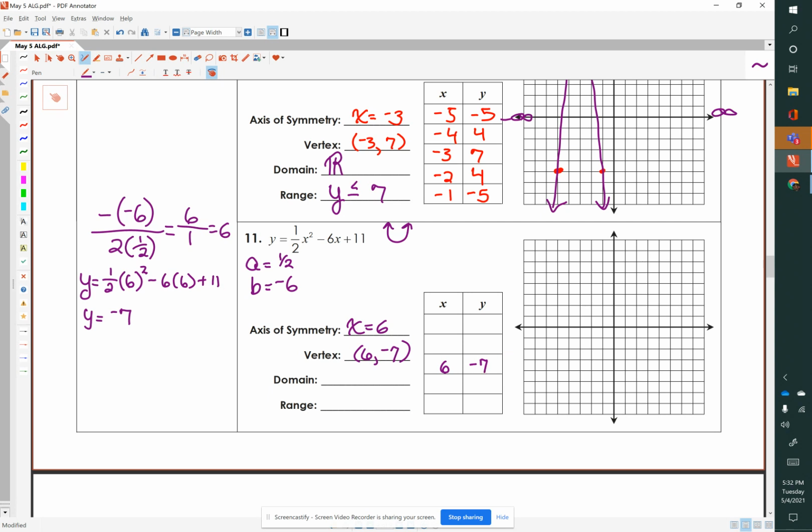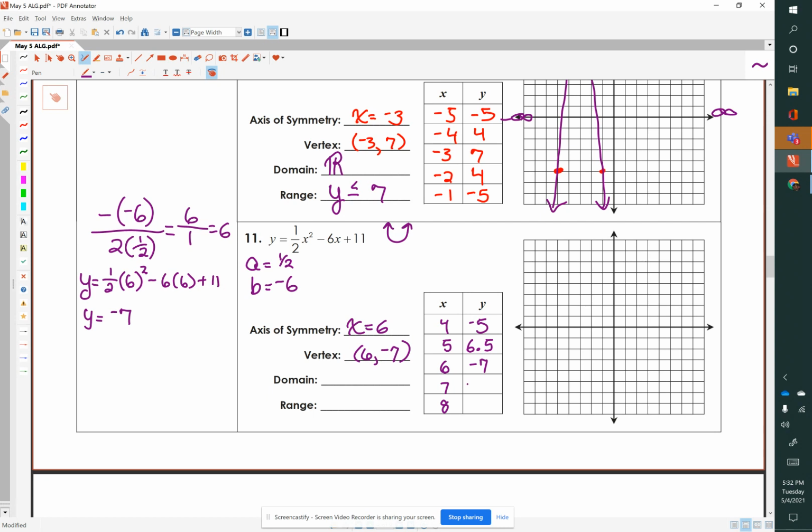Okay, let's plot 2 points smaller and 2 points greater. When we evaluate this function at 4, the y value is negative 5. When we evaluate this function at 5, the y value is negative 6.5.